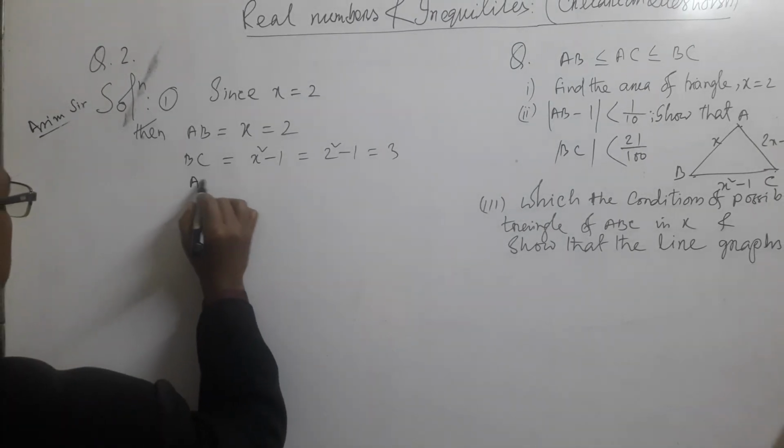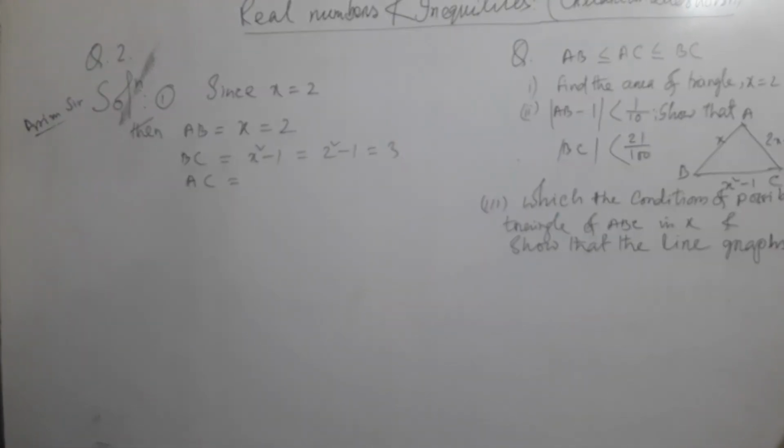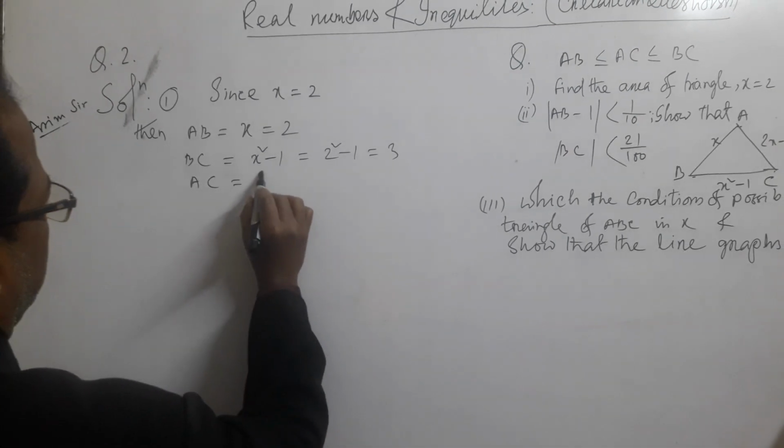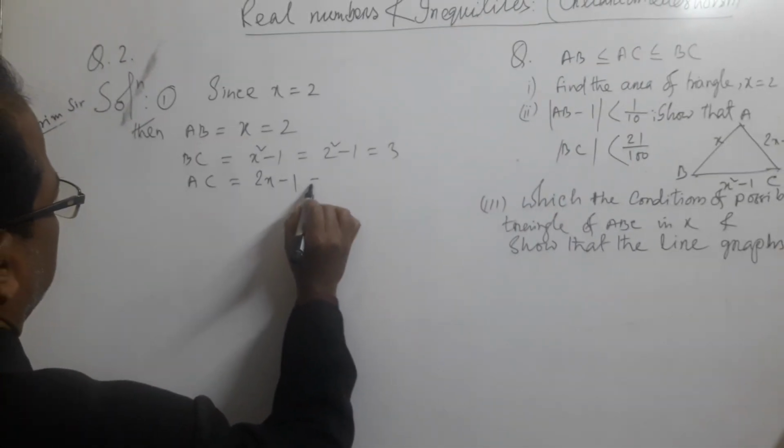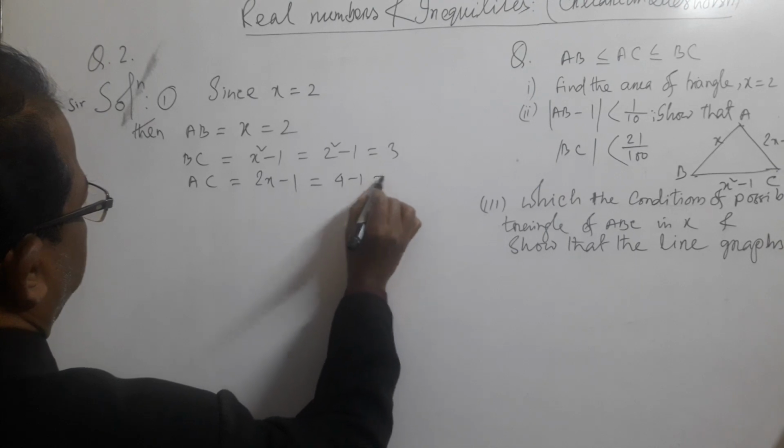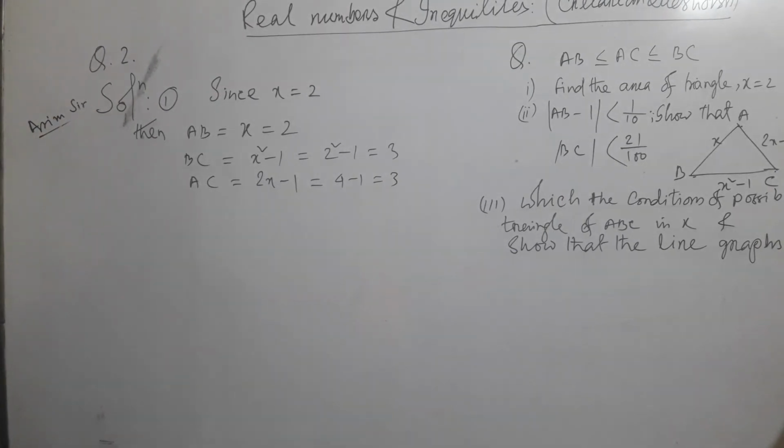And AC equals 2x minus 1, equal to 4 minus 1, that means 3.